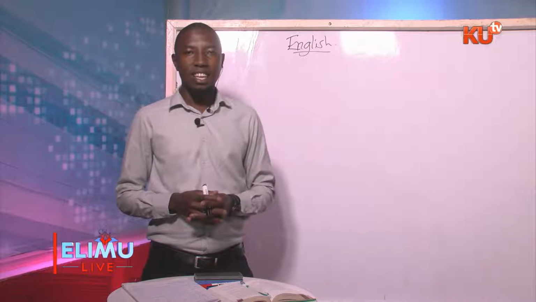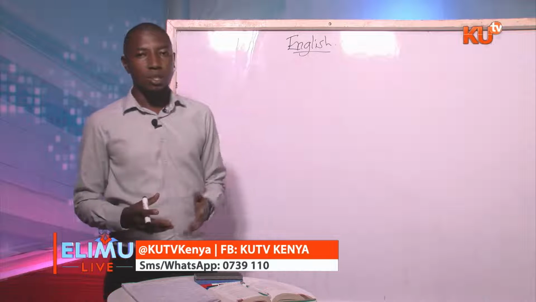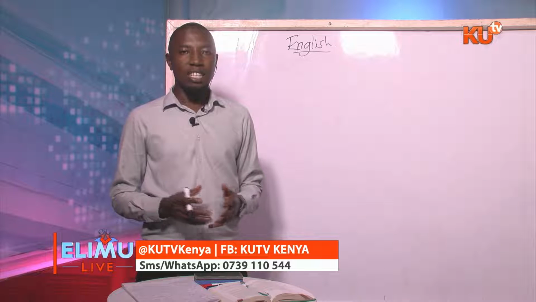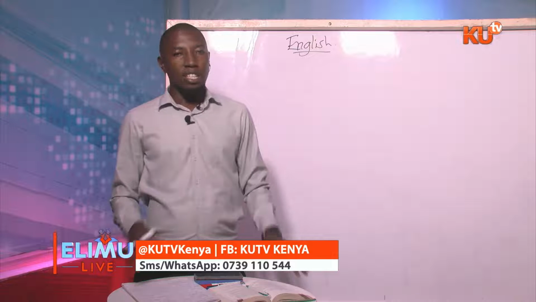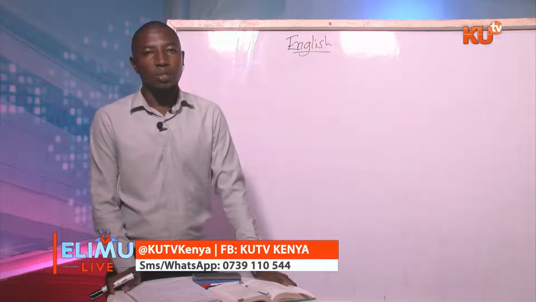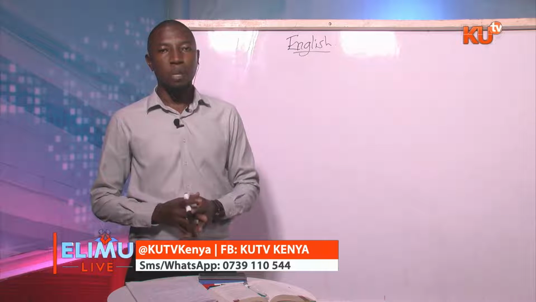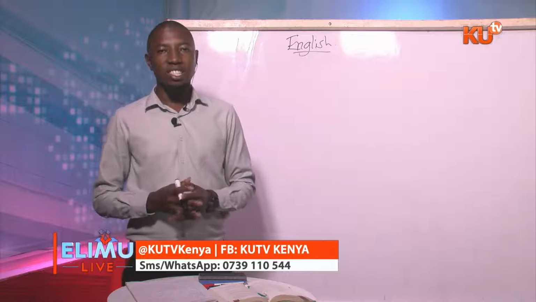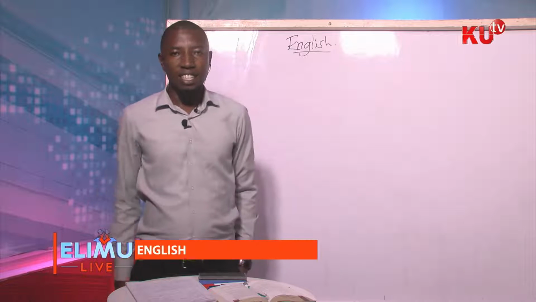Now, writing is one of the key components of language. In language, there are basically 4 skills, and writing is one of them, a very key skill. Today's lesson is tailored for the junior secondary students, specifically grade 7.